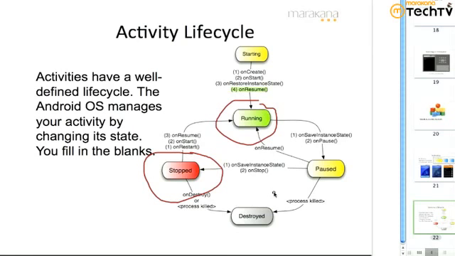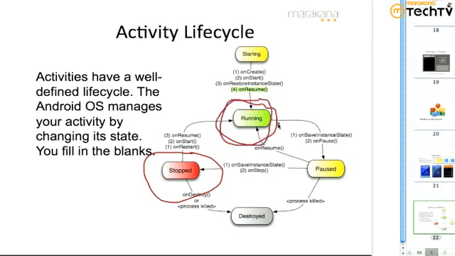So if you take GPS as an example, GPS is expensive. Listening to GPS involves a lot of battery consumption. So how would you construct your app so that it listens to GPS only when you need it? You want it working only while in that state, right?